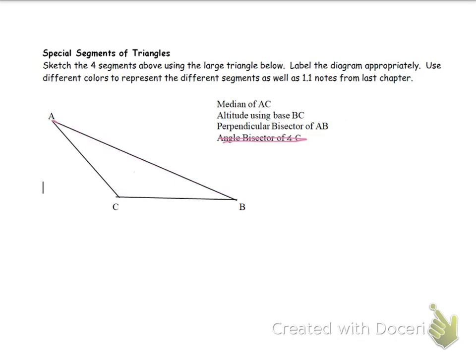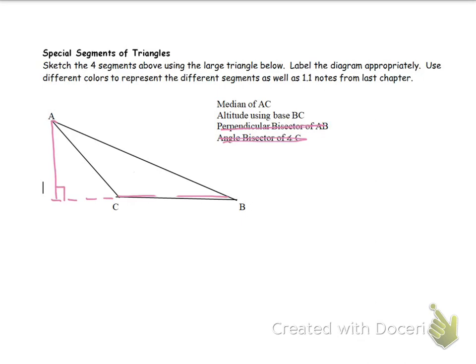Okay, my next one is the altitude using base BC. Altitude is just perpendicular. So here's my BC. It needs to open up to angle A. This one's a trick one. If I make my perpendicular line this way, it doesn't go to that angle A. In this situation, we need to extend my CB, and then when I come from that angle, I can make a right angle so that it comes from my angle and is still perpendicular.